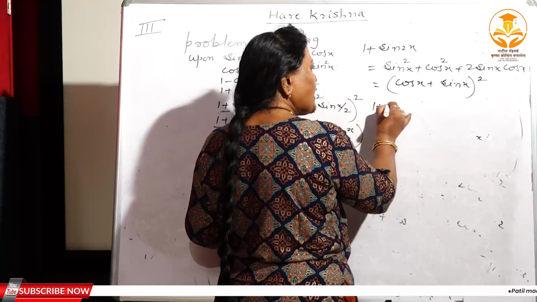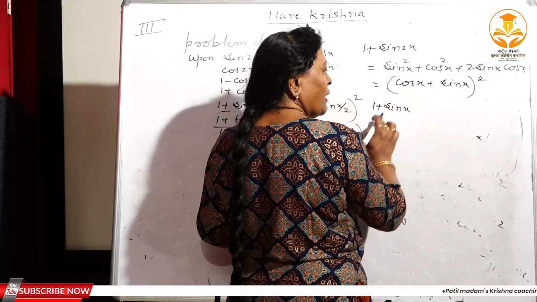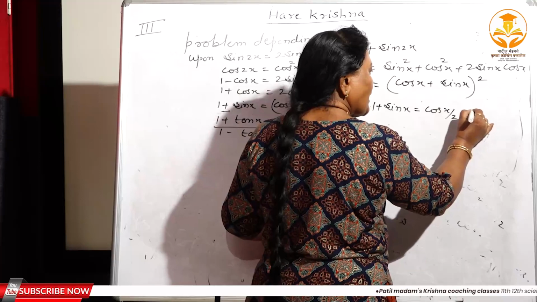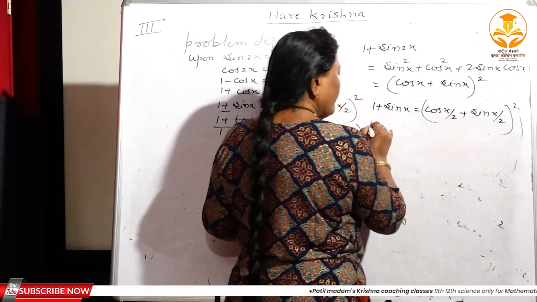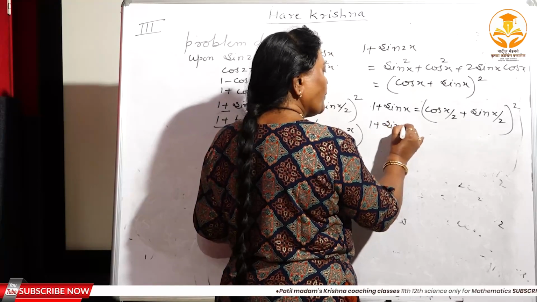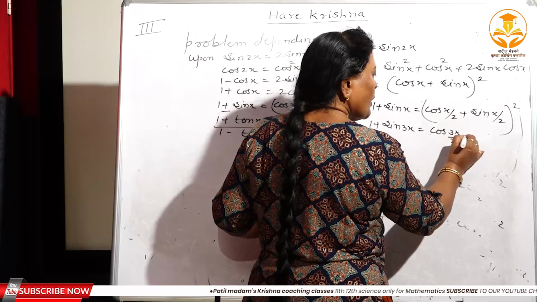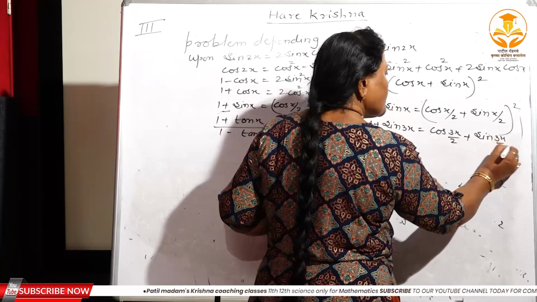Similarly, 1 plus sin x, since there is a 2x, you can write x. 1 plus sin x you can write as cos x by 2 plus sin x by 2 whole square. Again, 1 plus sin 3x you can write as cos 3x by 2 plus sin 3x by 2 whole square.